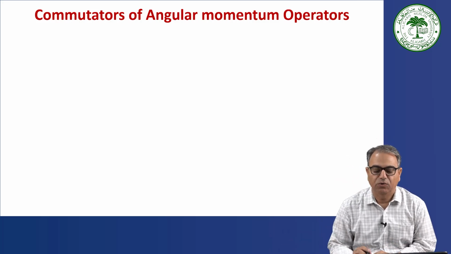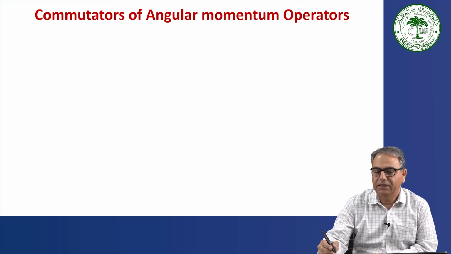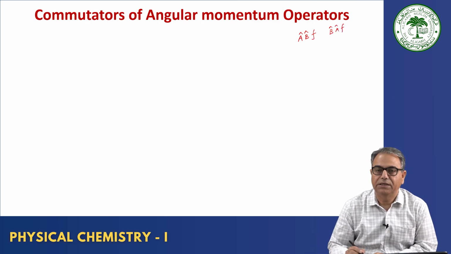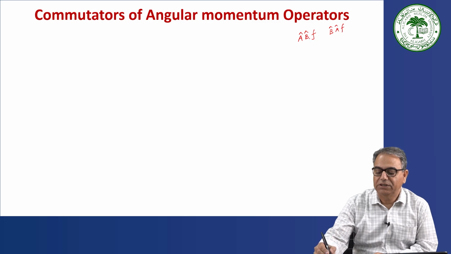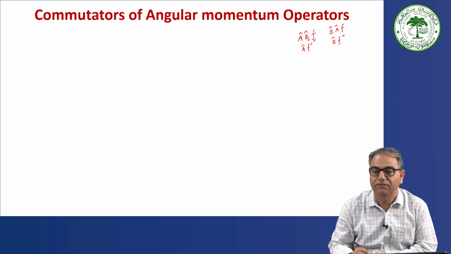Commutators, if you remember, I talked about in detail when I was talking about operator algebra. If you have two operators A and B operating on a function f in this fashion, B, A, f, then the operators are operated in sequential manner from right to left. So B will operate first on f and give you a function f prime, and then A will operate and give you another function f double prime.